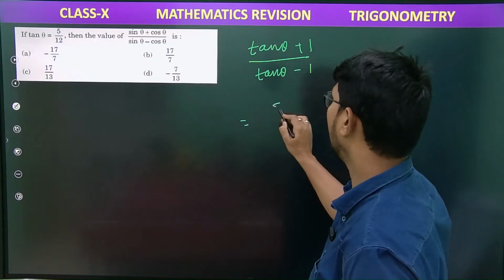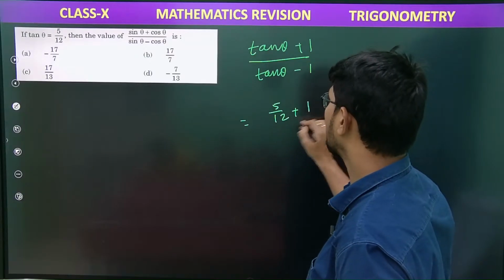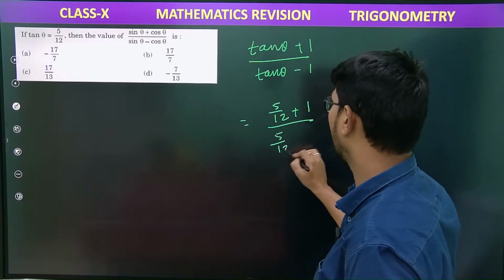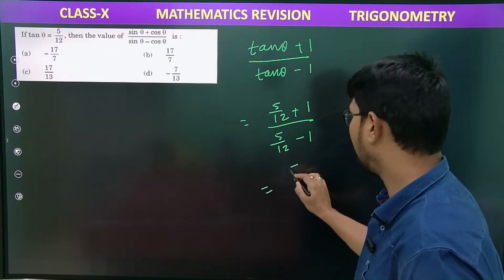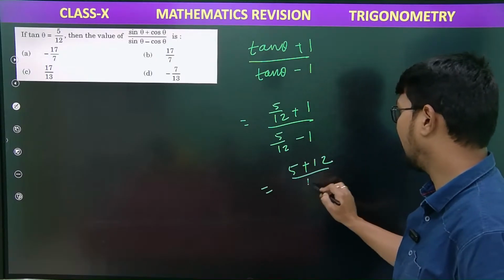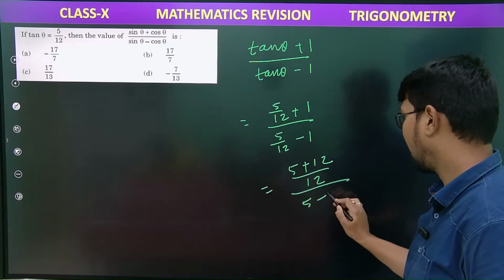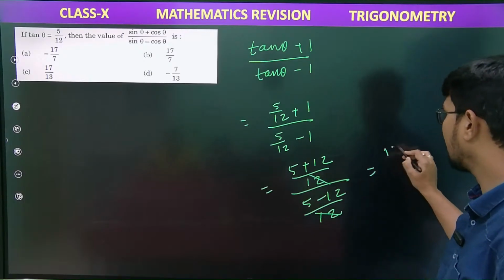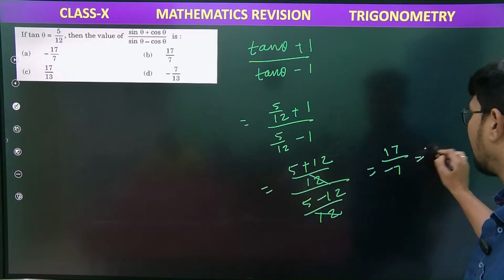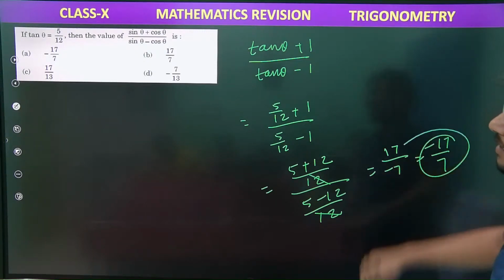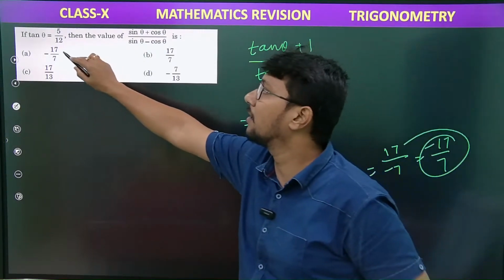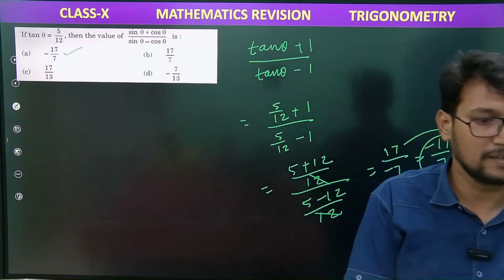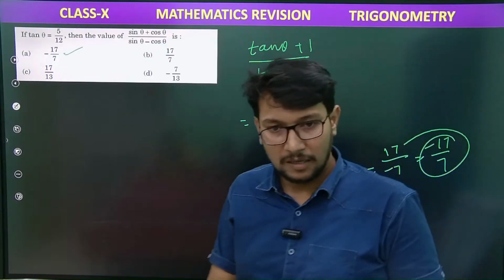Put in 5 by 12 plus 1 over 5 by 12 minus 1. That is 5 plus 12 by 12 divided by 5 minus 12 by 12. The 12 cancels, leaving 17 by minus 7. That is minus 17 by 7 is the answer. Option A is the correct answer, right? Everyone?